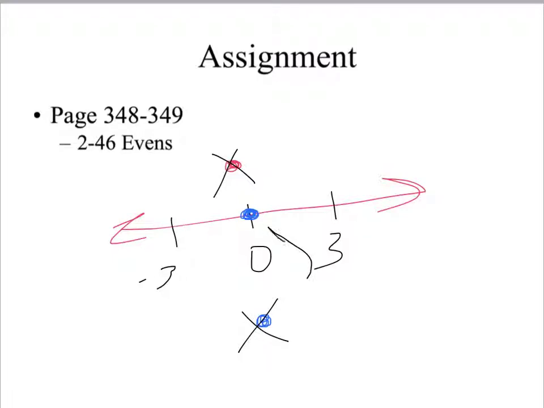You want it on the actual number line. Even this right here, if I put a little point up on top of that 3, that would also be incorrect. Make sure it's on that number line. Make sure that there are arrows on a number line. It is a number line, not a number line segment. Enjoy this assignment.